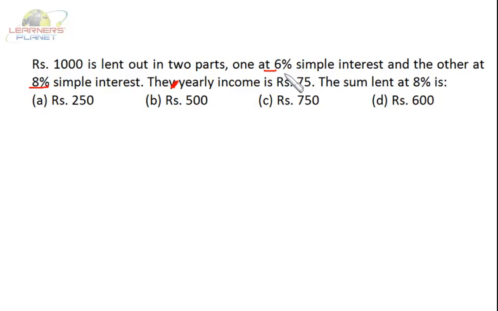Then what is the income of interest? It is 6% of 1000, that is rupees 60. And if the entire sum is lent out at 8% interest, then the income would have been 80 rupees. But the true income, that is the income which is realized, is 75 rupees.